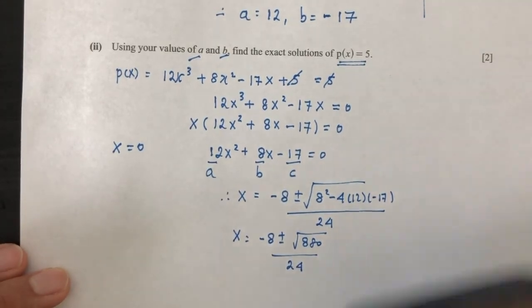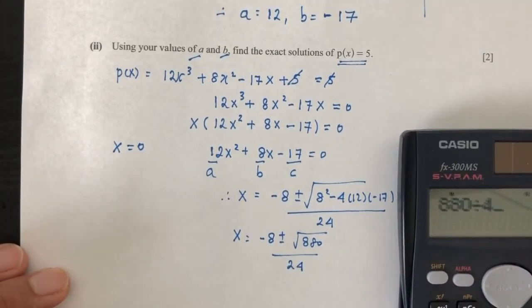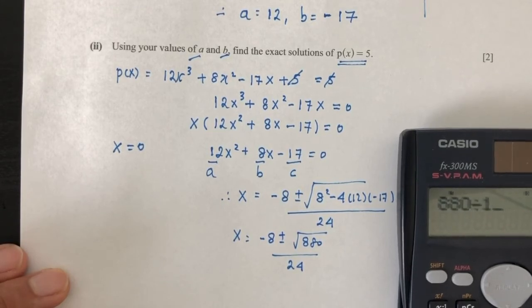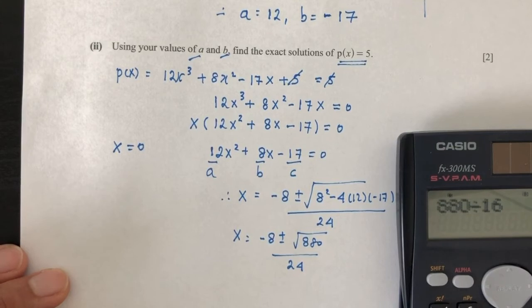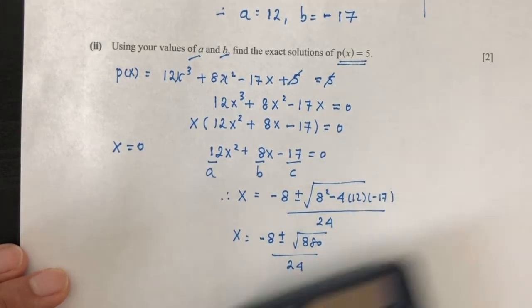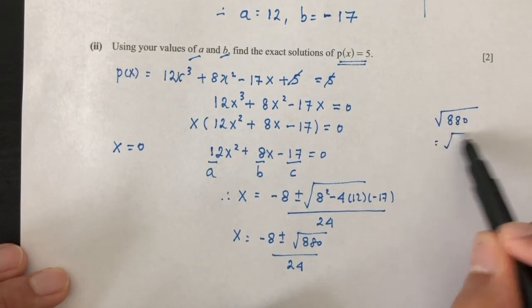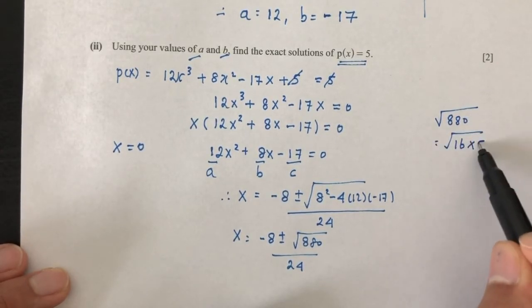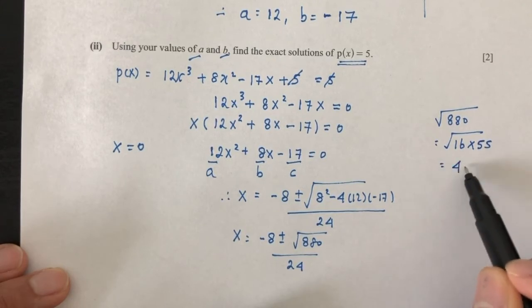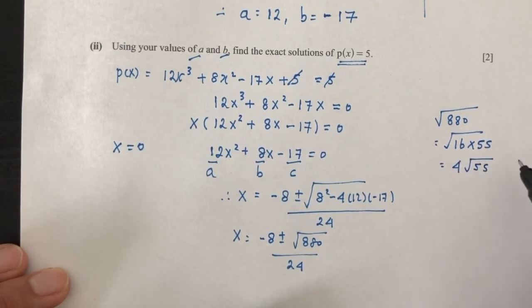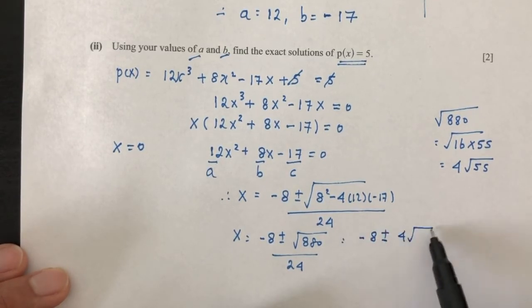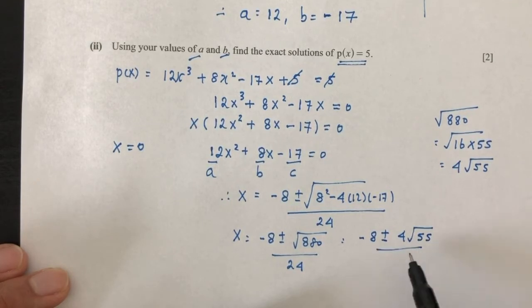So we can now simplify 880. Divide by 16. Yeah. So we can divide by 16. So let's write this here. So 880 is equal to 16 times 55. If you put this here, it becomes minus 8 plus minus 4 root 55 divided by 24.